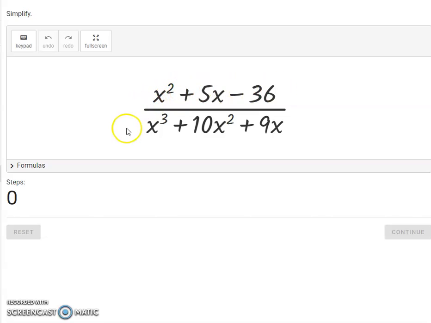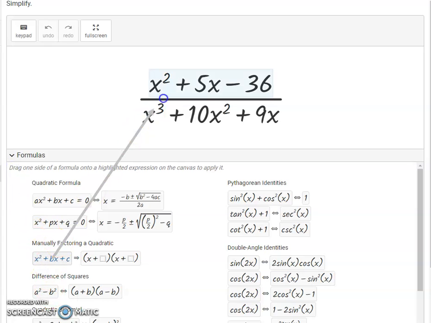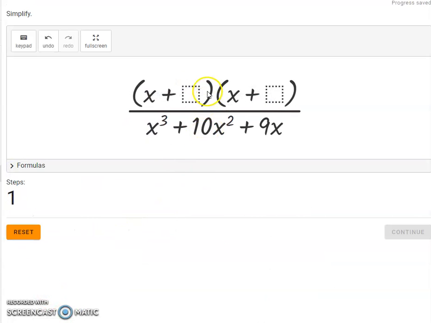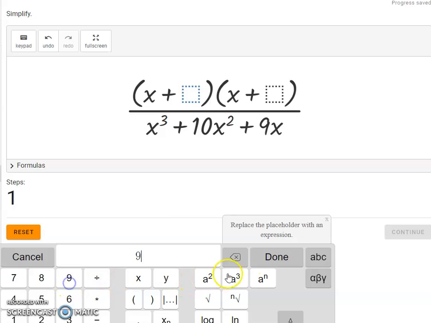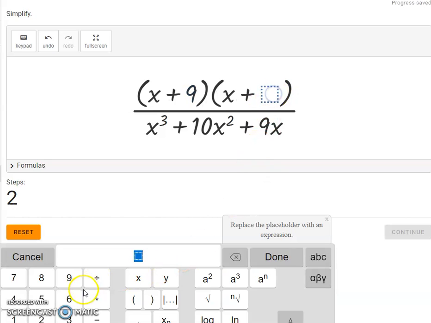In the numerator here, this definitely is factorable, and it looks like it would be x plus 9 and x minus 4.